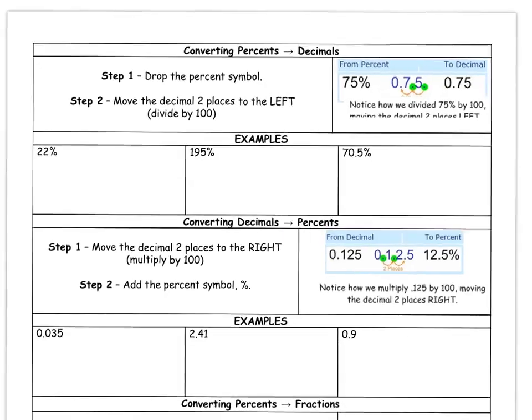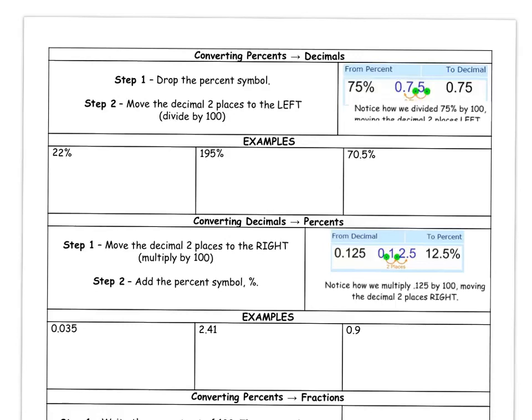Step 1 is to drop the percent symbol, and step 2 is to move the decimal 2 places to the left. You're going to divide by 100. So when you're converting a percent to a decimal, you're actually dividing by 100.